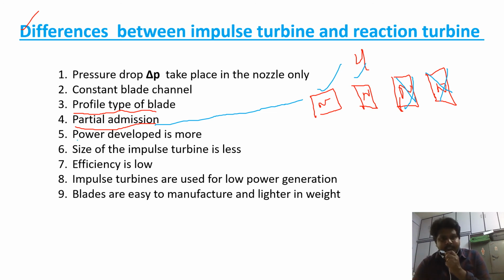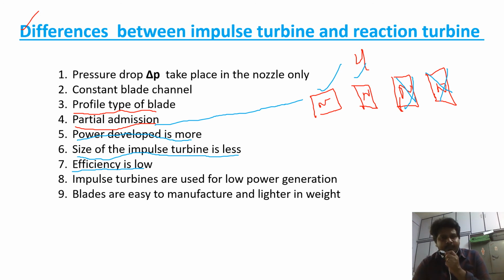The other one is the pressure developed is more in an impulse turbine. The size of an impulse turbine is less when compared to the reaction turbine. The efficiency is also low in an impulse turbine when compared to the reaction turbine.